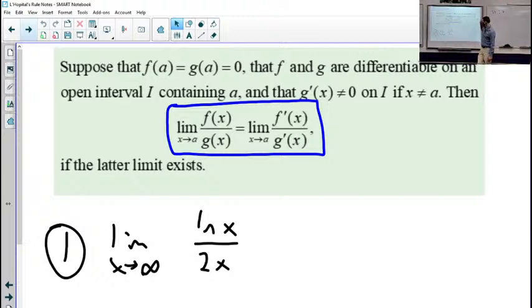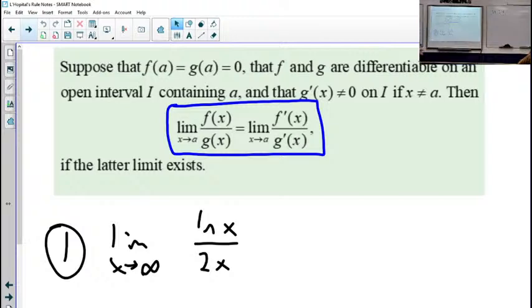Then the limit as x approaches a of f of x over g of x equals the limit as x approaches a of f prime of x over g prime of x, if the latter limit exists.